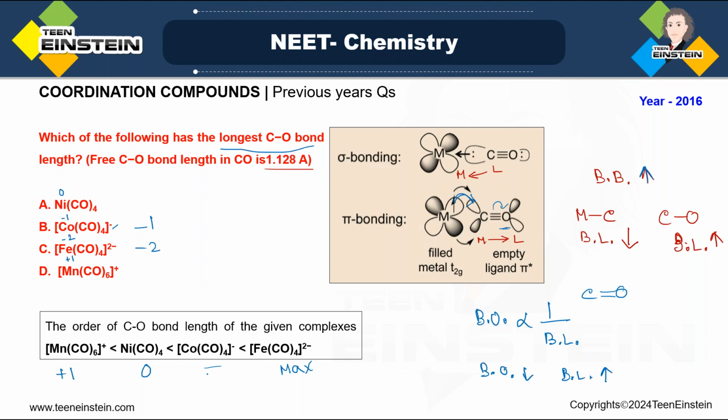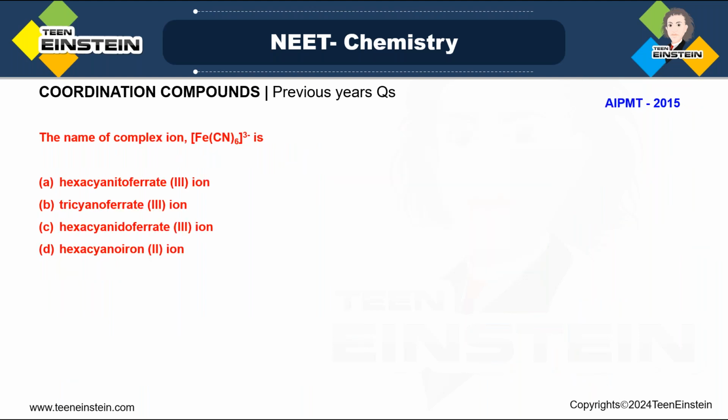So gradually the negative charge is going towards 0, then positive, so CO bond length will gradually diminish. This is the order for CO bond length, but we just have to find the maximum, and that is why this should be the correct option. That is option C. We have very few minutes, we'll solve another problem.